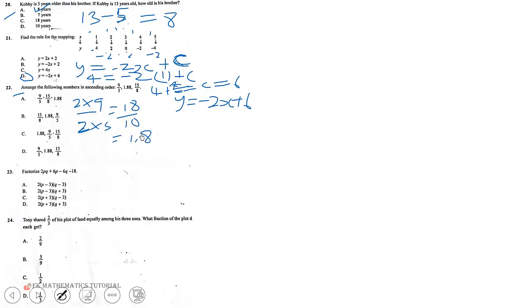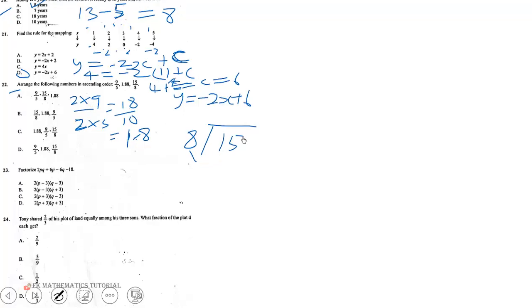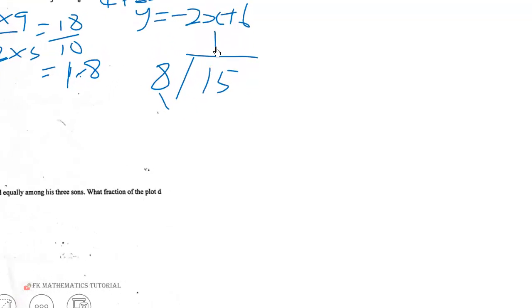And you can also quickly convert the 15/8 into decimals. So you can do it like this. 8 goes into 15 how many times? 1 times 8 is 8.